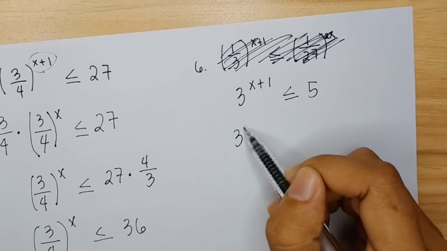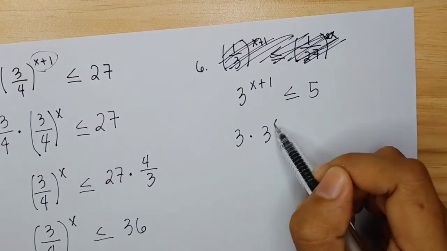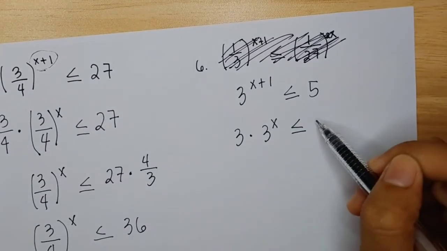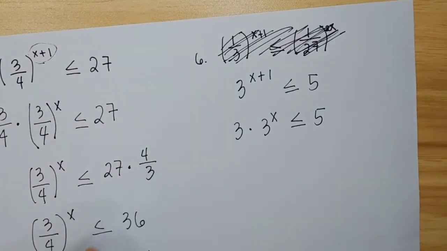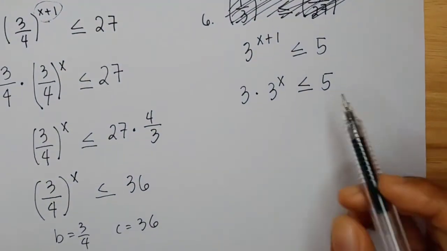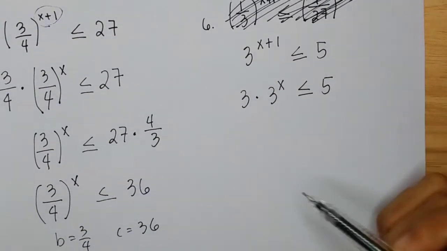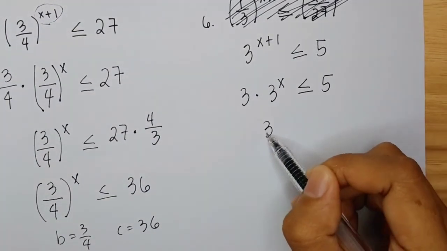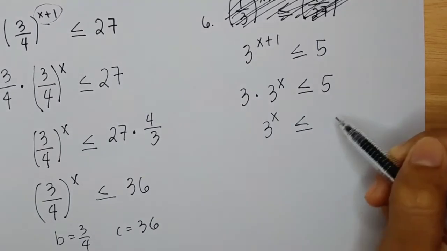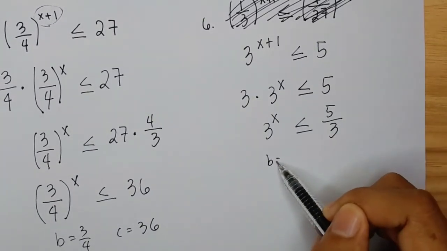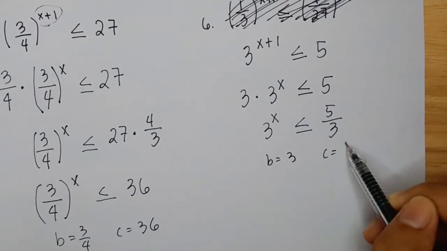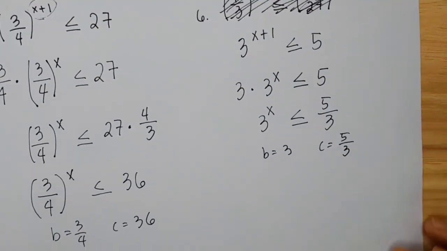So, we have here 3 times 3 to the power of x is less than or equal to 5. Since dapat yung exponent natin is x lang, divide natin ang whole expression ng 5, that is 3 to the power of x less than or equal to 5/3. So, now, meron na tayong b, that is 3, and our c is 5/3.